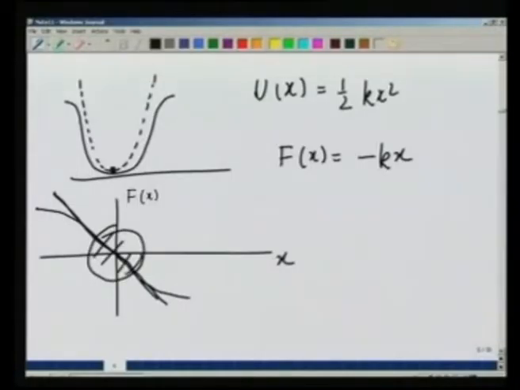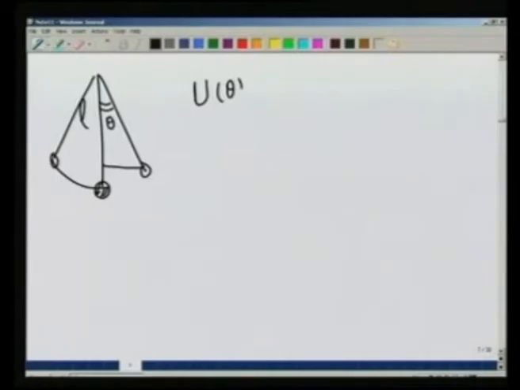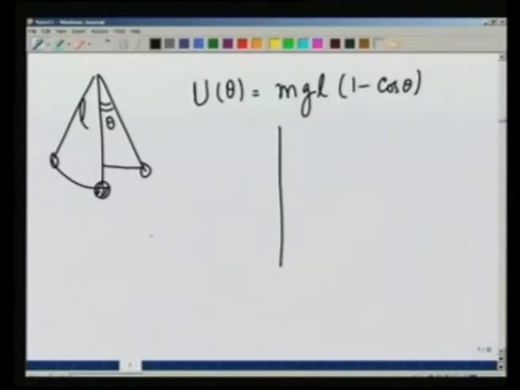As a second example, let us take a pendulum of length L which is swinging about its equilibrium point. You can see when it is swung by an angle theta, the potential energy U as a function of theta is going to be given as mgL (1 minus cosine theta), and therefore the potential energy is going to look something like this.